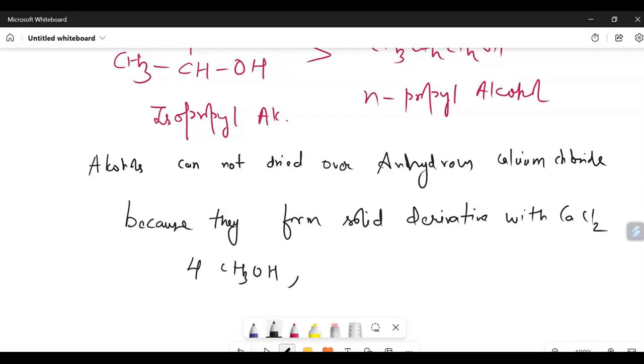These are also known as alcoholates or alcohol of crystallization.